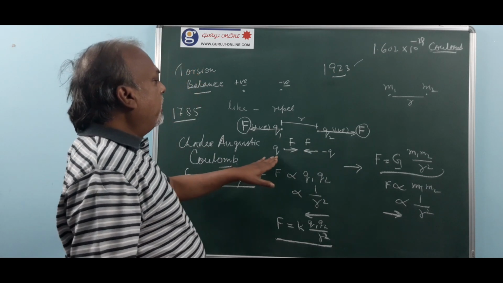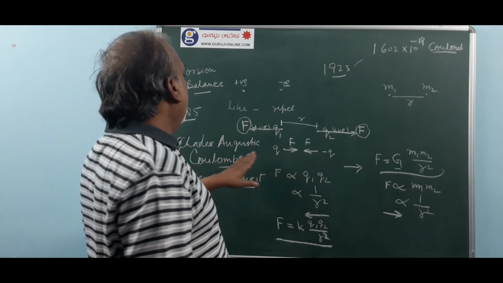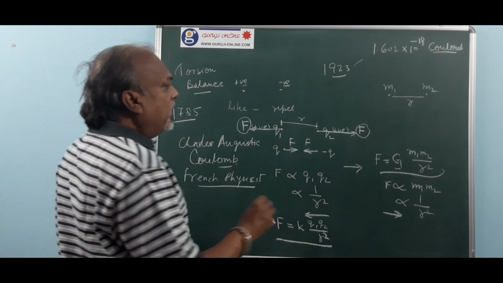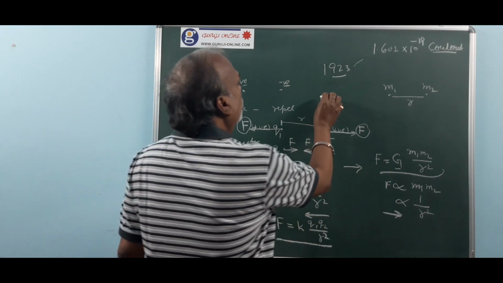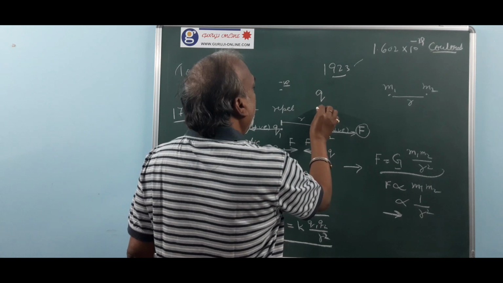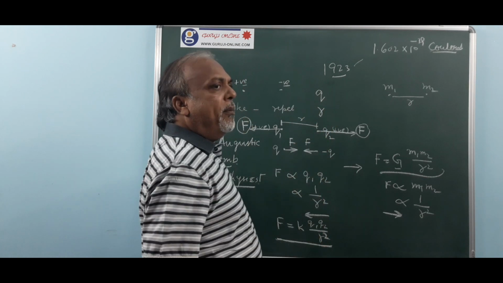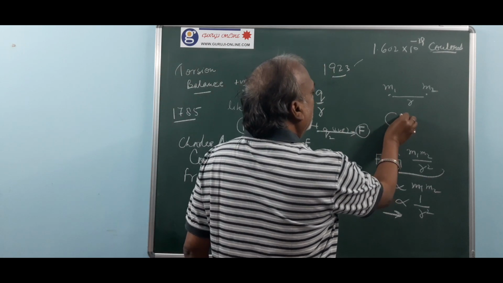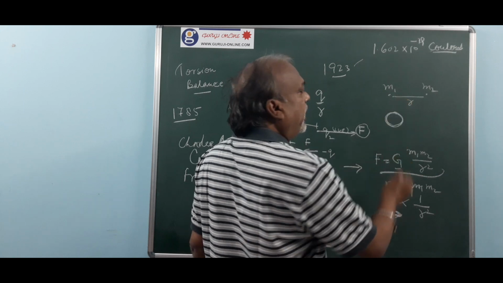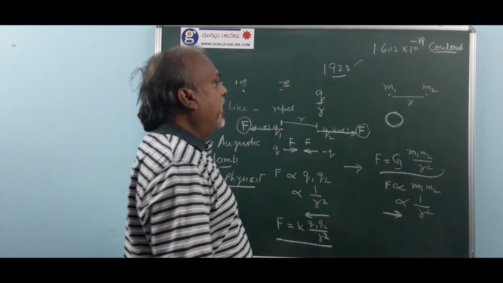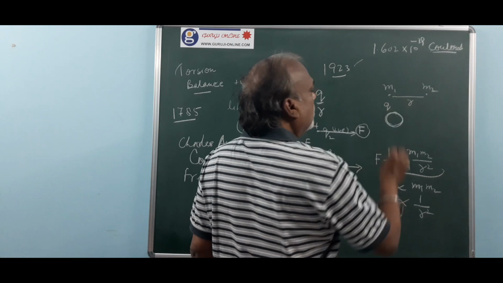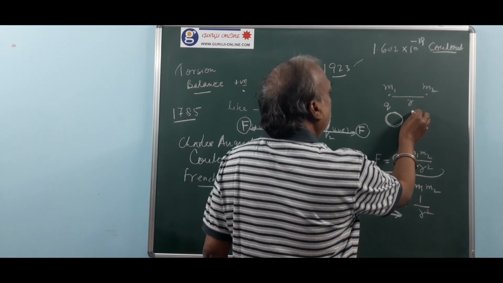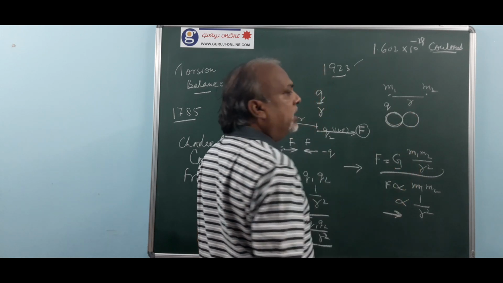In the torsion balance experiment, he varied the value of Q and he varied the value of r. How did he vary the value of Q? Suppose you have a particle where the charge is Q, and another particle where no charge is there, and you make them touch.